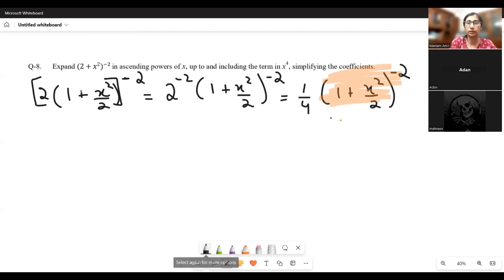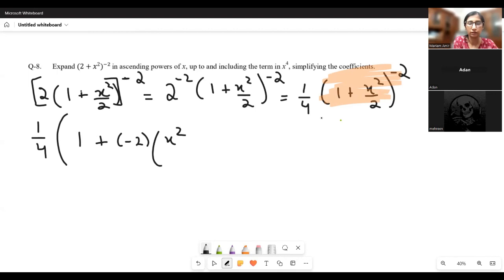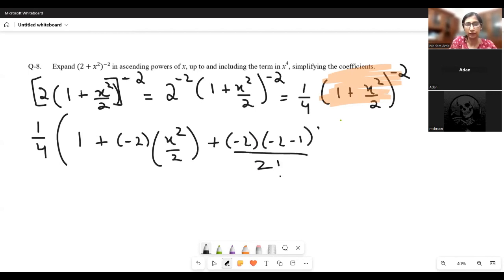Again, we have to go till x power 4. So 1/4, and then the first term is 1 plus nx plus n(n minus 1) on 2 factorial times x square, which is (x square upon 2) whole square, and that is the x power 4 term. So no need to go beyond that.